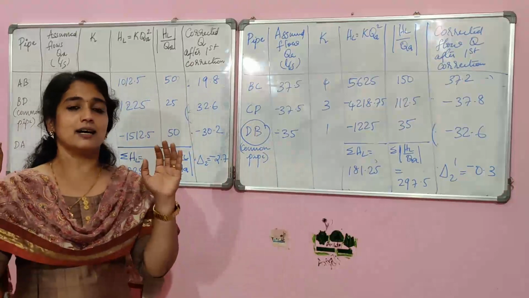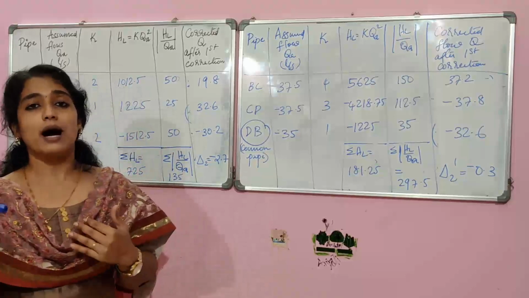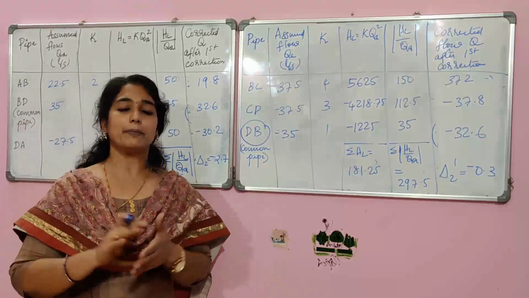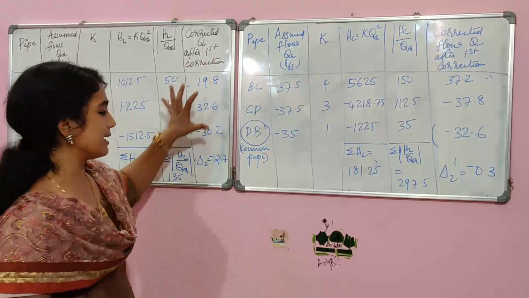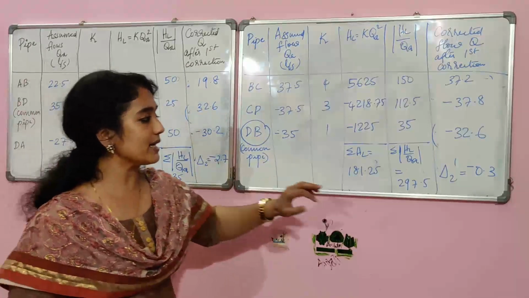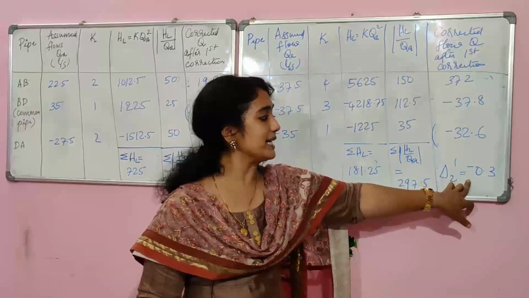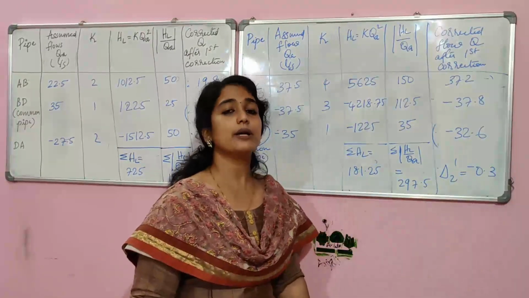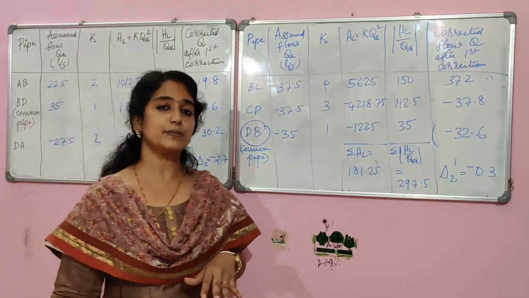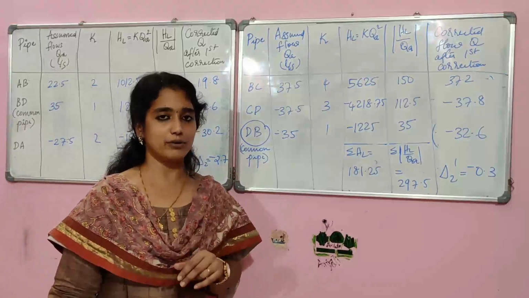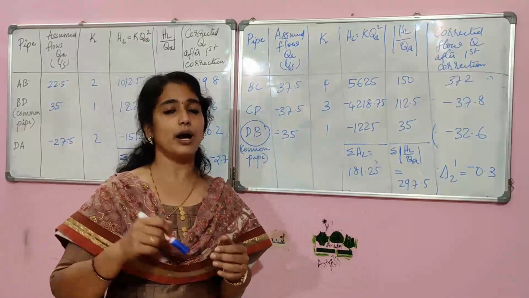This is the main procedure for the Hardy-Cross method in pipe network analysis. By doing this, you get a corrected flow. When the correction calculated is decreasing below 0, you can stop the correction. For examination purposes, you only have to calculate 2 corrections, and the figure also you have to draw.